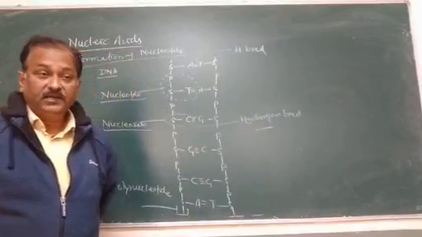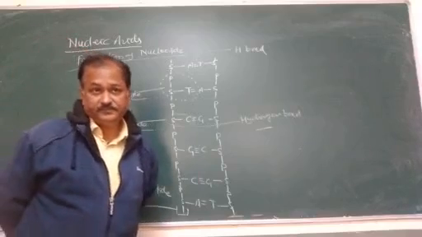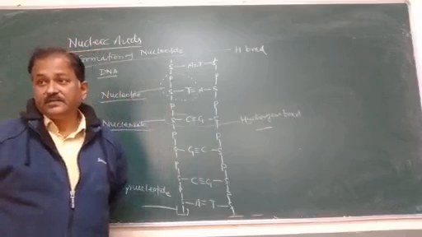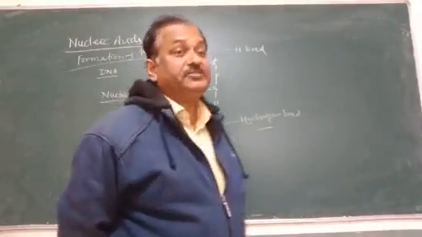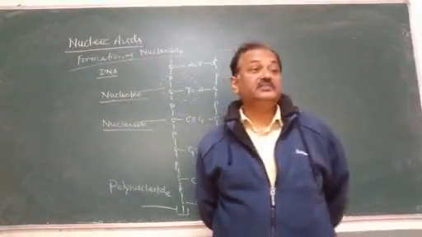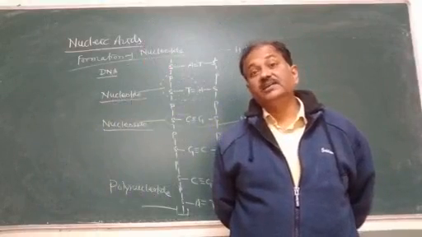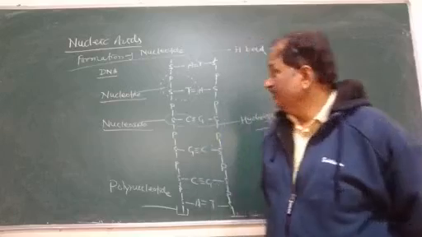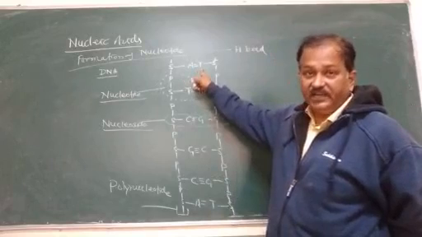This is one point. Now, a very important point: in any condition, in any nucleic acid, the same base pair is not repeated. The same base pair is never repeated. Like here, it is adenine, and here it is thymine.